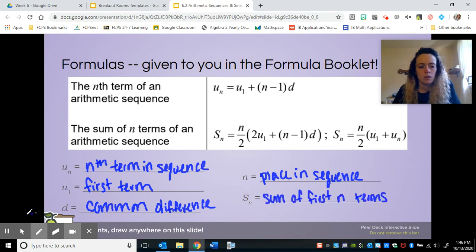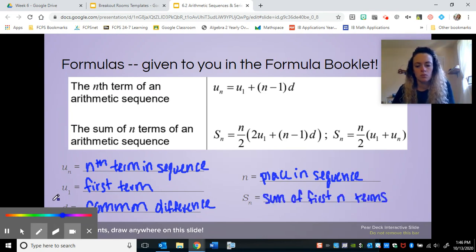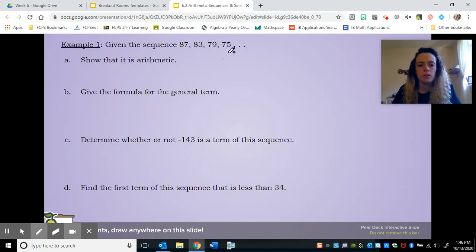All right, so let's move on to example number 1. We're given the sequence and we're first asked to just show that it is arithmetic. So there's lots of different ways you can show that it's arithmetic. What I'm going to do is just kind of go consecutively. If I start with term number 2, which is 83, and subtract the first term, which is 87, I'm showing that I get negative 4.